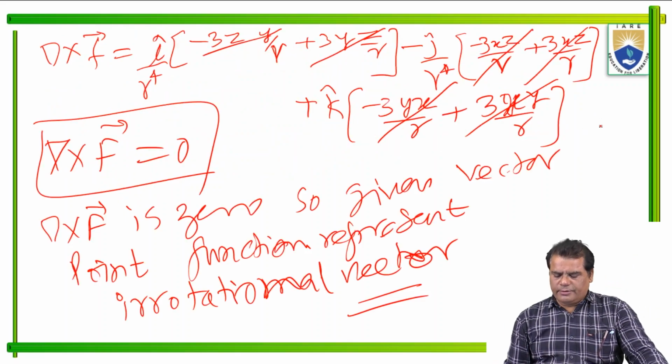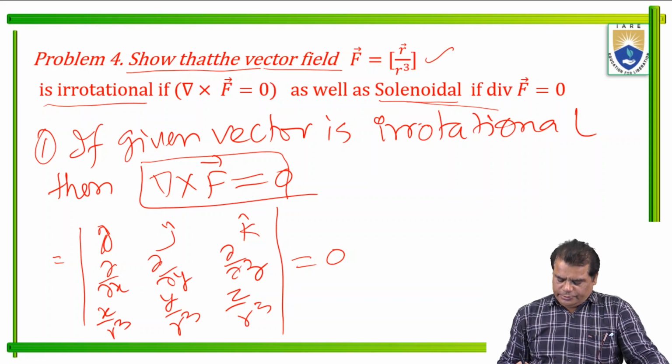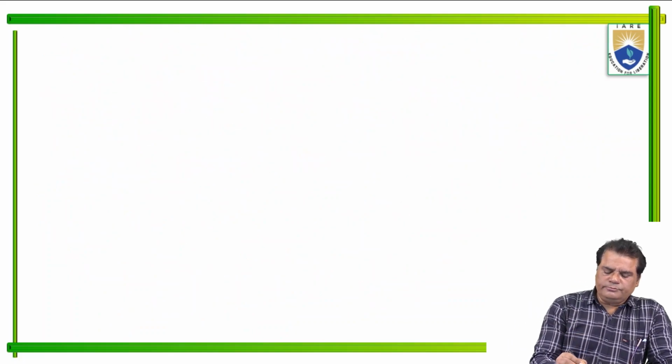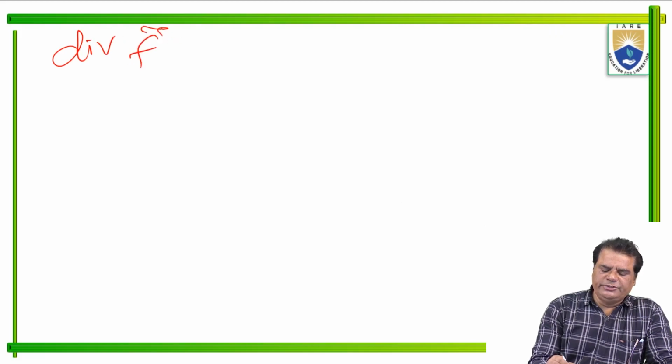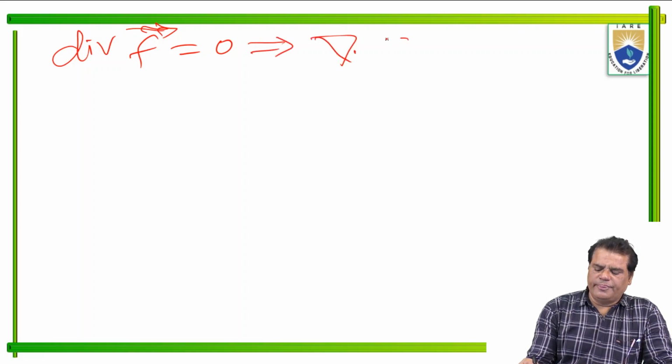So here, given the question, del dot, divergence F. So here del dot divergence F must be 0. So divergence F means del dot F, this must be 0.